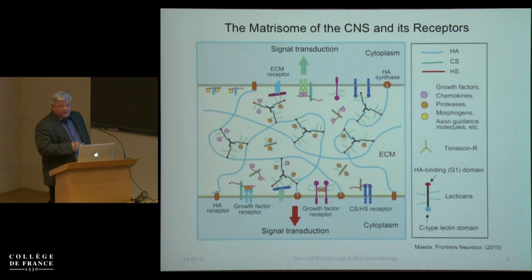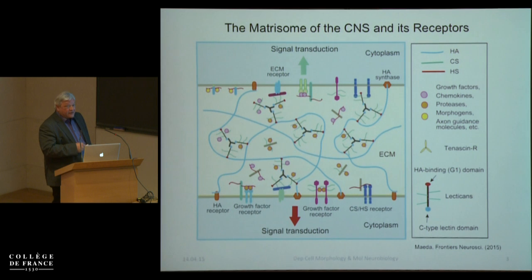In addition, specific receptors such as the integrins we have heard about are important to recognize glycoproteins. There are also some receptors for glycosaminoglycans, such as the chondroitin sulfate receptors. In addition, the matrix contains binding and docking sites for cytokines and also for morphogens. So overall, it's a very complex system that on top of that is dynamic and plastic.